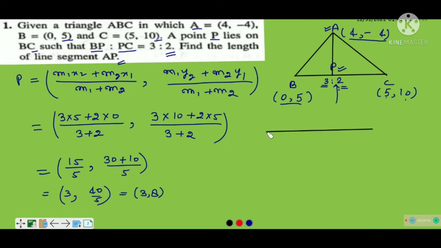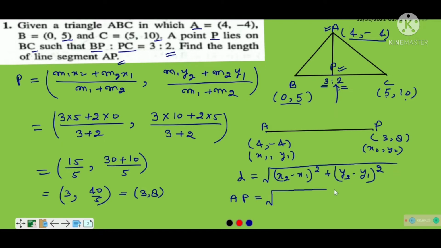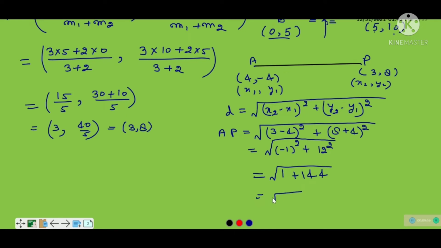Now we can find the length AP. Coordinates of A 4, -4 and coordinates of P 3, 8. Now apply distance formula. Length of AP is under root 145 units.